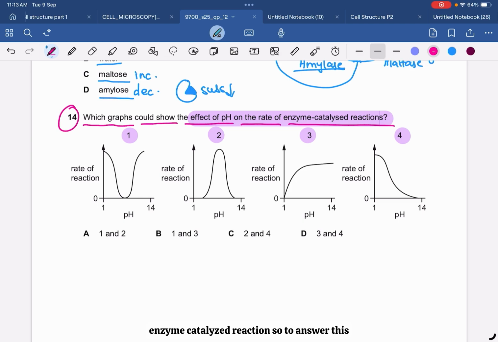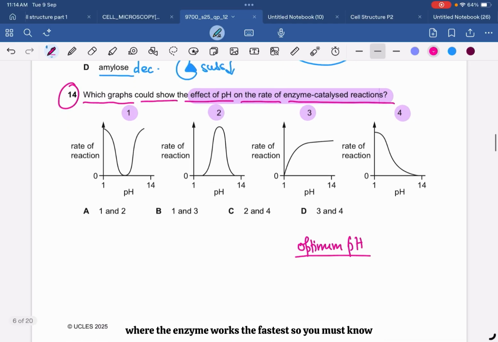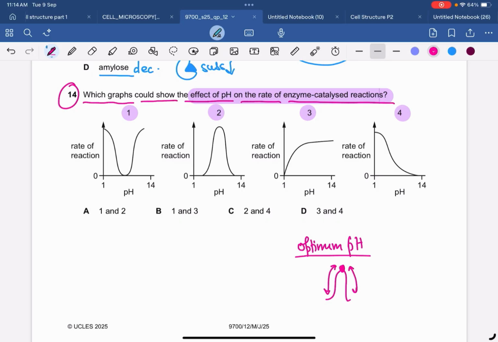To answer this question, you must know that an enzyme works best at its optimum pH. The pH at which the enzyme works its best is the optimum pH, where the enzyme works the fastest. You should also know that on either side of the optimum pH, for example, if this is the optimum pH of the enzyme, the activity of the enzyme will drop sharply.